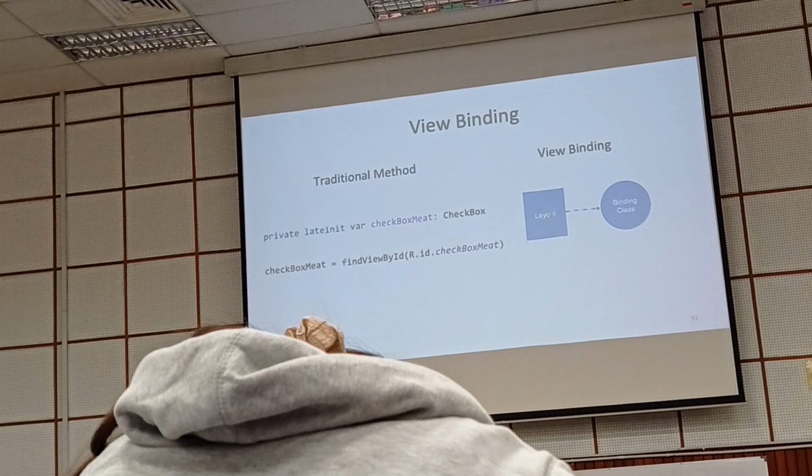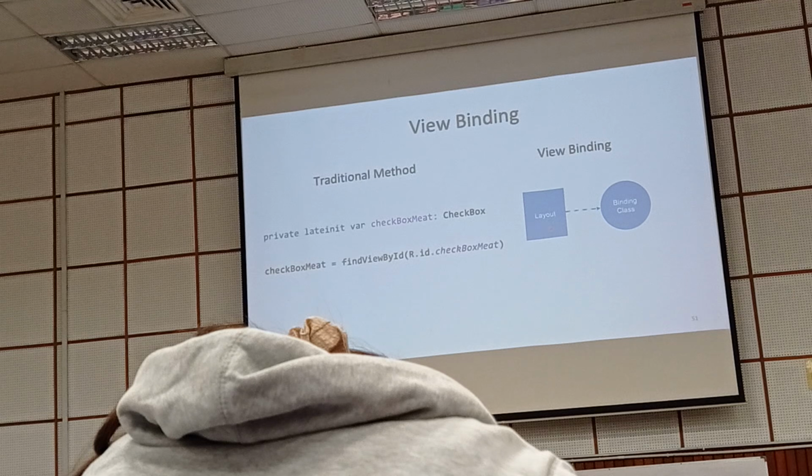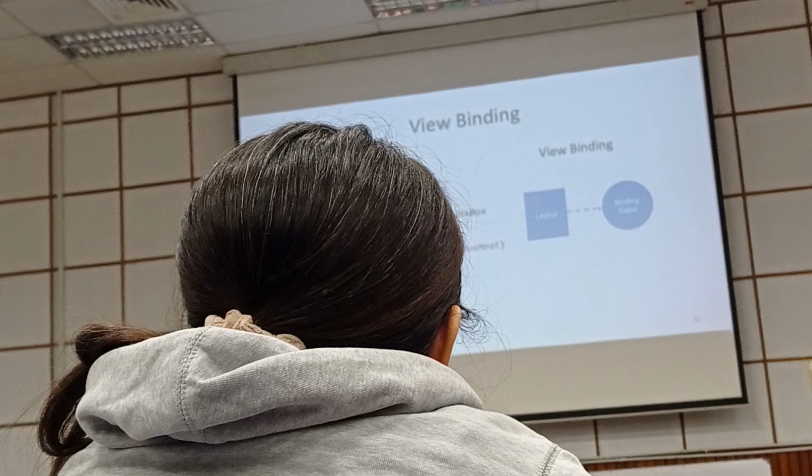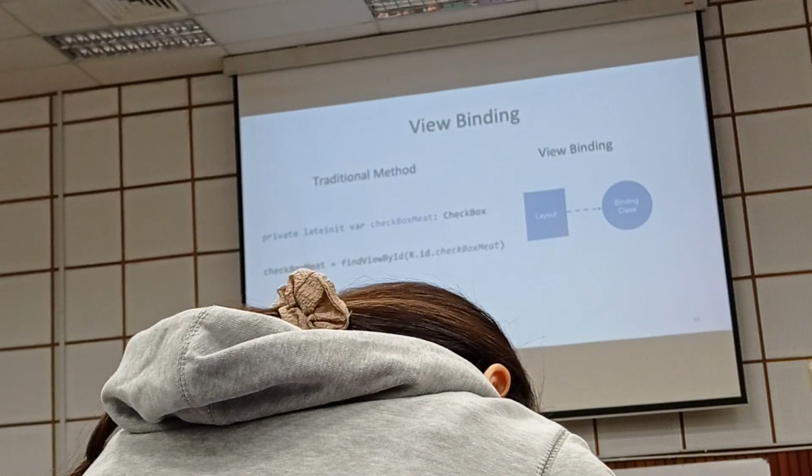In the layout, you write your code, and when you enable it, there is a binding class that keeps monitoring what you have in the layout. An instance of this binding class will contain a direct reference to everything in the layout.